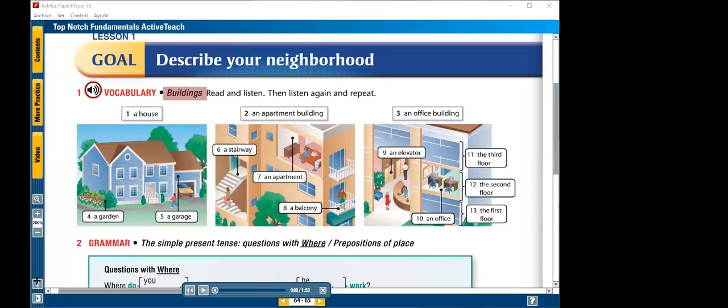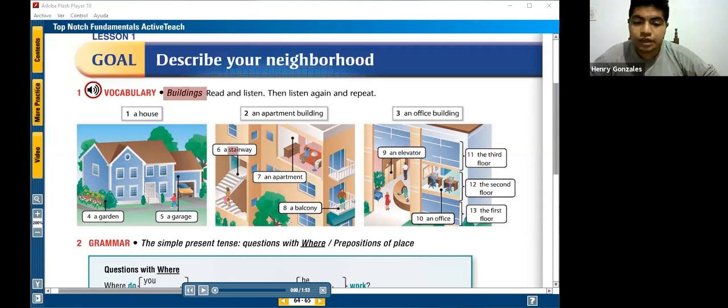Okay, let's correct some words. Vamos a ir corrigiendo ciertas palabritas. Let's see, for example, number 6, here is a stairway. Stairway, yes. En la número 7, la palabra apartment. Apartment, nice.